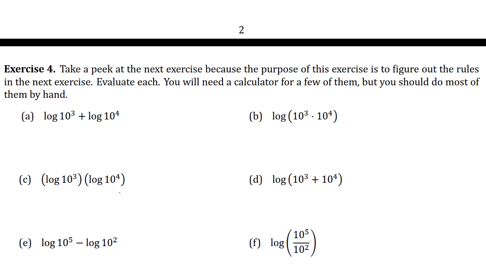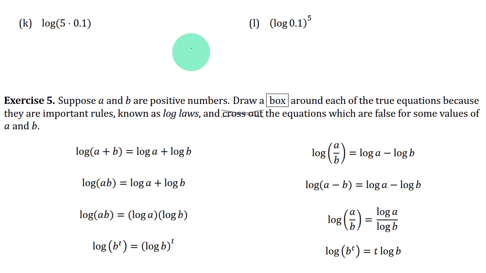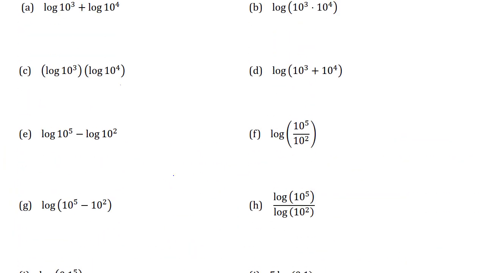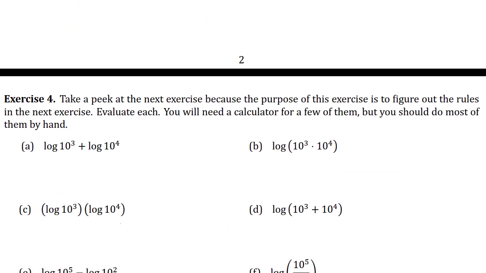That's what exercise 5 is, to see which of these rules generally work. If you have logs of different numbers, how can you combine them? So after I do a few of these, I'm going to go to exercise 5 and see which ones look like they come out the same.